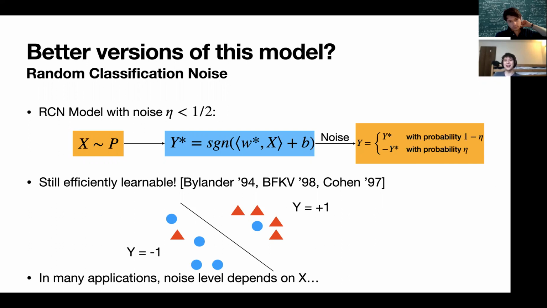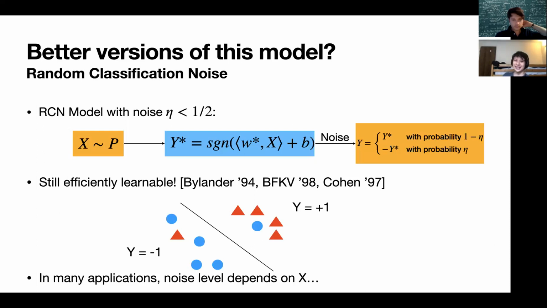So it's not so obvious that this model can be learned. You cannot just use linear programming, but there was a series of works in the 90s, including this one by Bylander, which sort of requires margin, and the Blum, Frieze, Kannan, Vempala, and Cohen papers, and they really solved this problem. So we now know how to learn a half space with RCN noise.